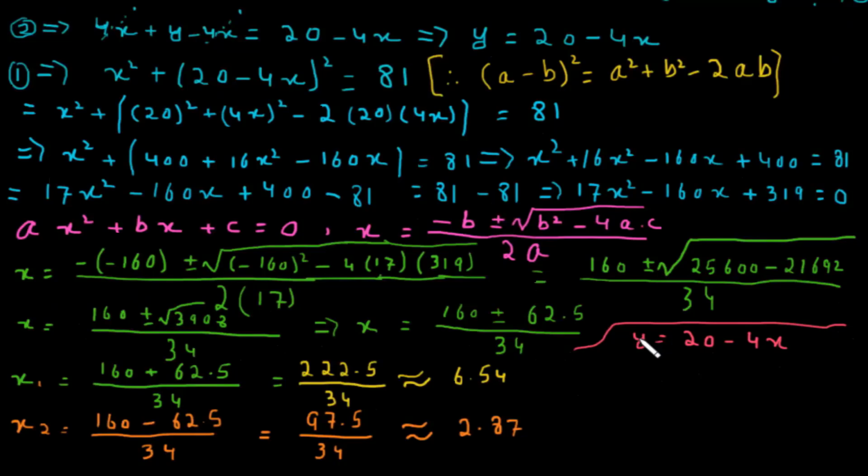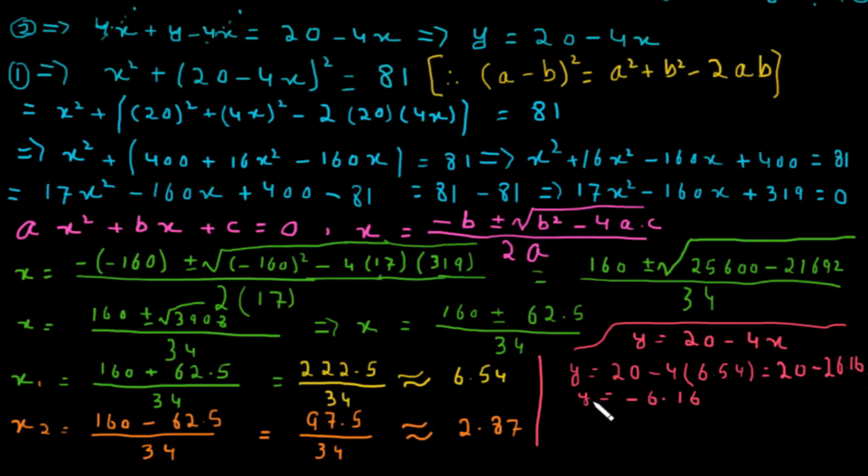Now I will use this equation to find out the value of y when x has a value equal to 6.54. So I will substitute y is equal to 20 minus 4 times 6.54, and 20, when 4 is multiplied with 6.54, I will get 26.16, and this will equal to minus 6.16.